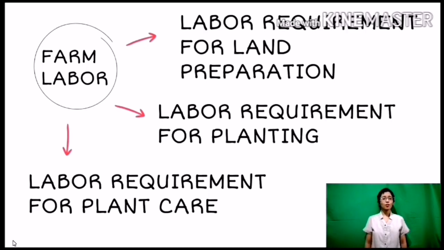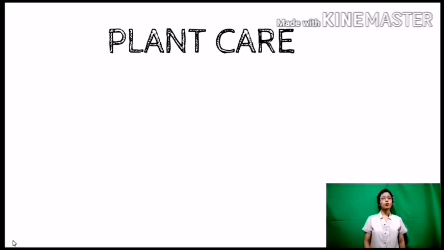Third is the labor requirement for plant care. They are responsible for application of fertilizer to keep the soil healthy, pest control to keep away unwanted insects that might destroy the crops, and lastly, they are responsible for maintaining the irrigation or the water system of a farm.